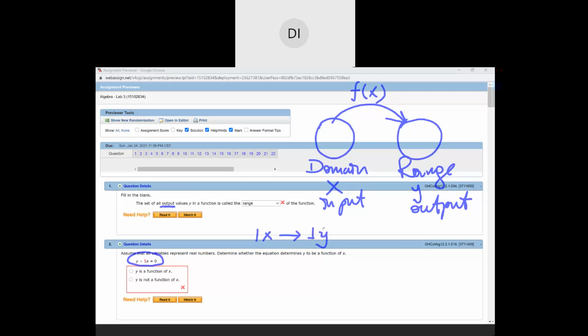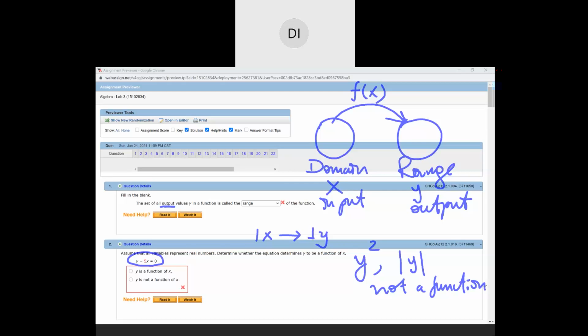When that doesn't happen, so if the equation has y squared, or if the equation has absolute value of y inside, it is not a function. That's the rule. If you have anything else, it's a function.